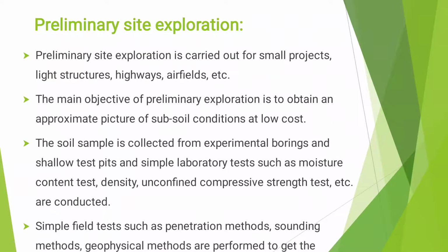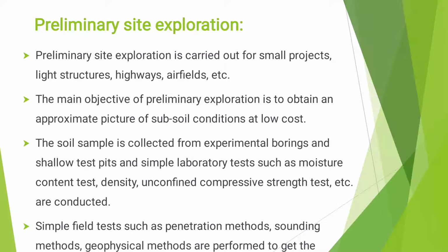Next one is preliminary site exploration. Preliminary site exploration is carried out for small projects, lightweight structures, highways, etc. The main objective is to obtain an approximate picture of subsoil conditions at low cost. Here, soil samples are collected from experimental borings and shallow pits, and simple laboratory tests such as moisture content, density and compressive strength are conducted.